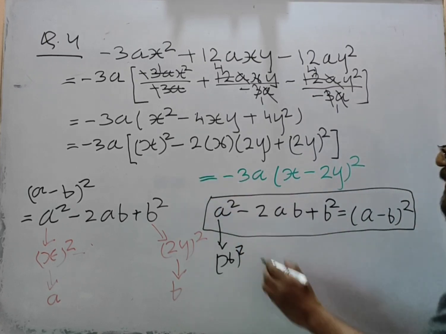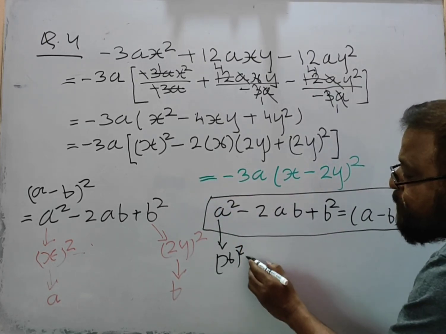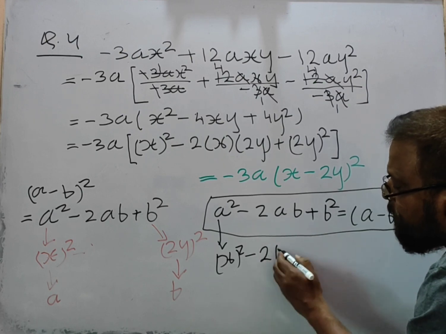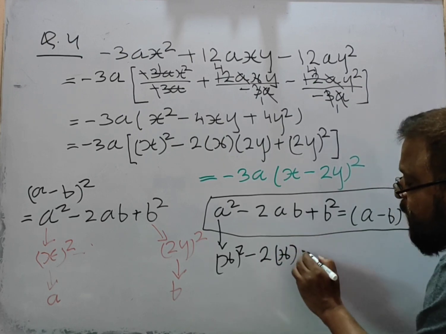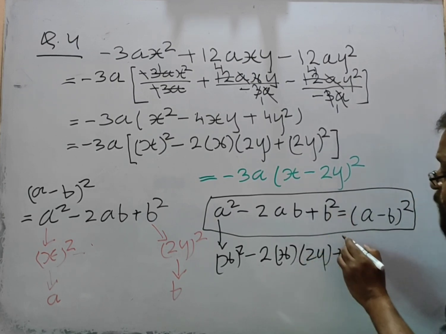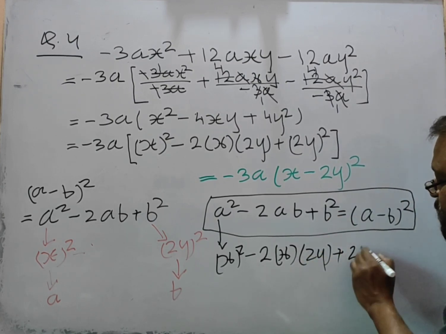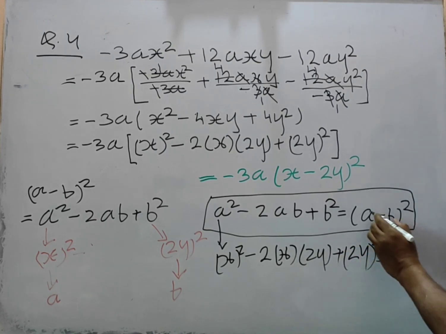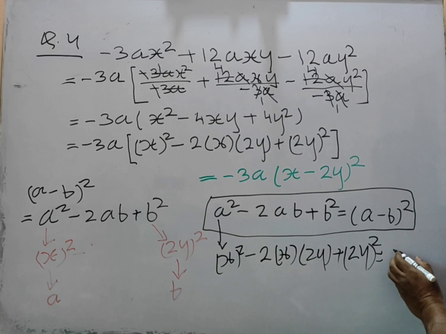This is minus we have, then there is a 2 again. In place of a we write x, and in place of b we write 2y, plus in place of b square we write 2y square, right? Therefore a will be x and b will be minus 2y whole square.